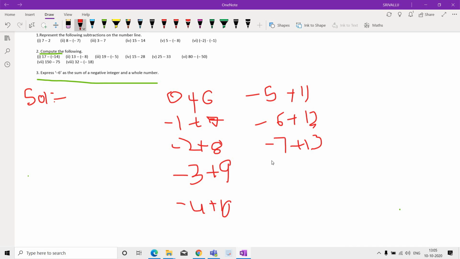So here we are getting one negative number, one positive. So in this manner we can solve the problem.